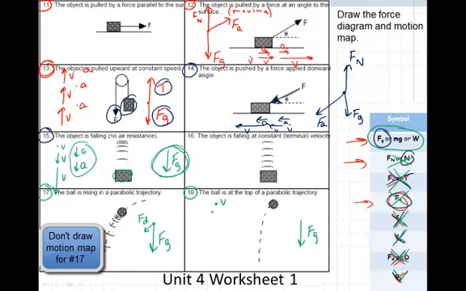But if we show what happened right before, it would probably be arrows getting larger on the way down, but I'm sorry, smaller on the way up, is what I meant to say. And at the very, very top, the acceleration would still be downward. So number 18 is referring to just what's happening at the top. The velocity is 0, the acceleration is downward.